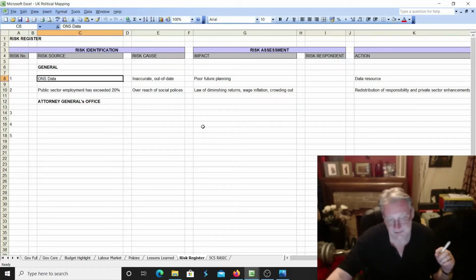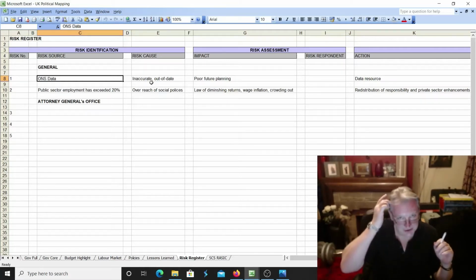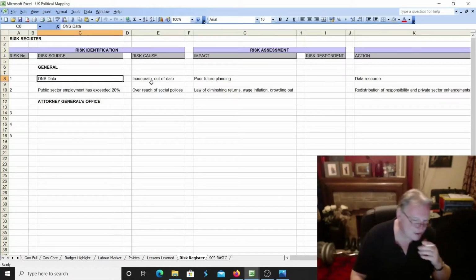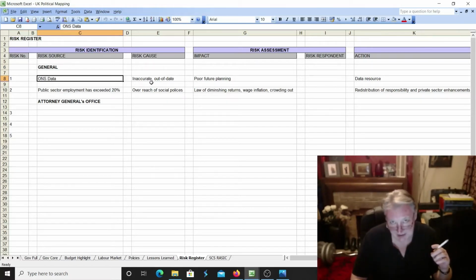So we've got the ONS data. This is largely because of the existing issues, as I showed you before, around the current problem with COVID and whatever, where the data being collected is not being done in a standard fashion.